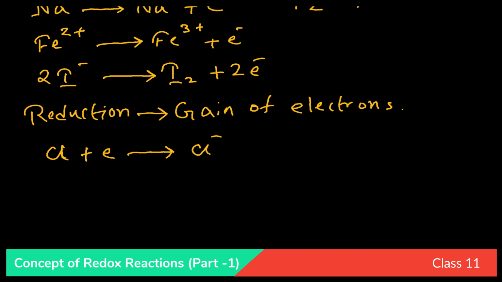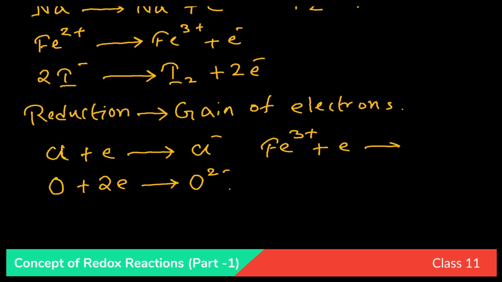Similarly, if I take an oxygen atom, it will accept two electrons and form oxide, that is O2 minus ions. Similarly, Fe3 plus, that is ferric ion, will accept one electron and produce Fe2 plus, that is ferrous ions. So these all are examples of reduction reactions.